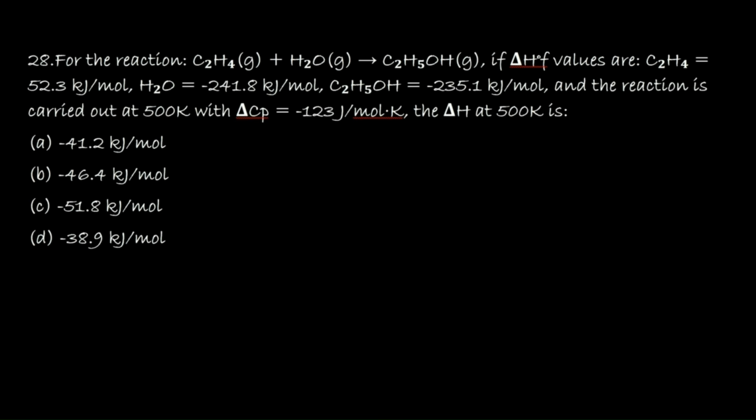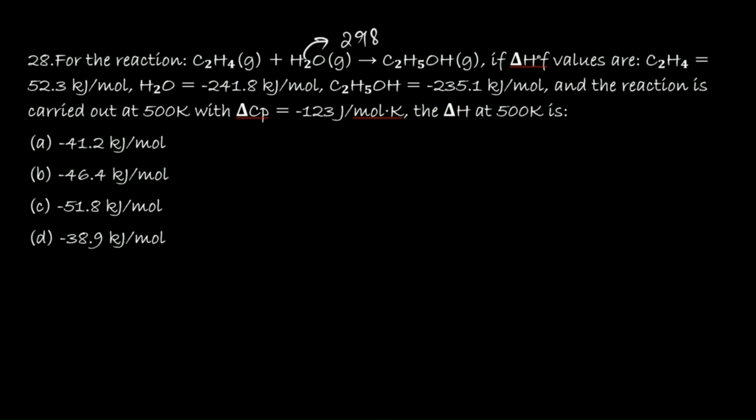Then the next question: for the reaction given, delta Hf naught values are given and the reaction is carried out at 500 Kelvin, and delta Cp is given. They are asking for delta H at 500 Kelvin. I think this reaction happens at room temperature, 25 degrees Celsius, so I'm assuming 298 as the temperature.